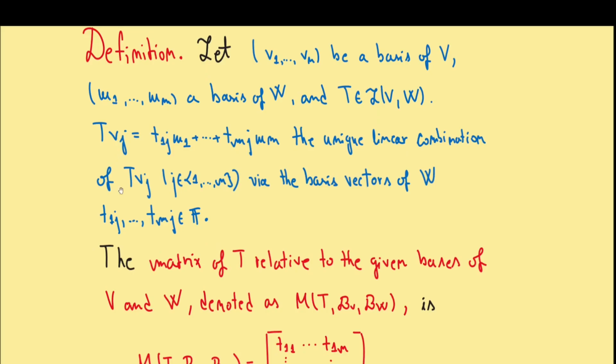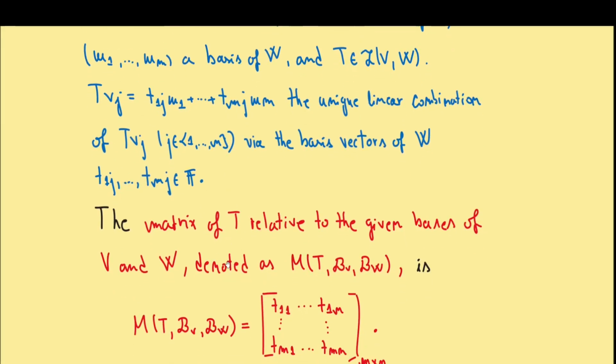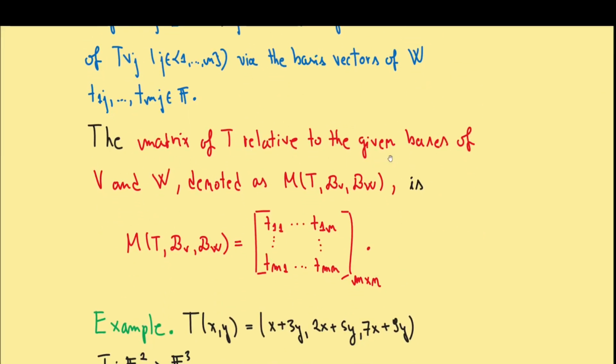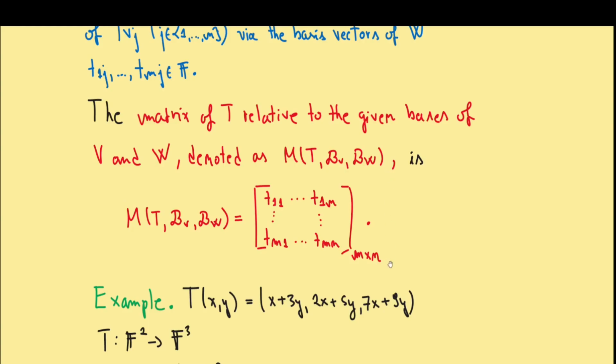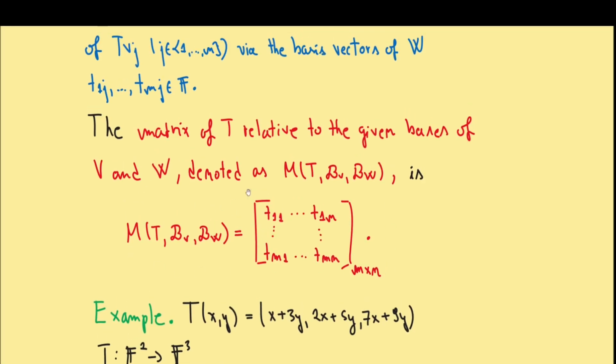So again, j corresponding to the jth column. So the matrix of T relative to the given bases of V and W, denoted like this, is this matrix over here. So for example, for T of v_1, these are the appropriate scalars.